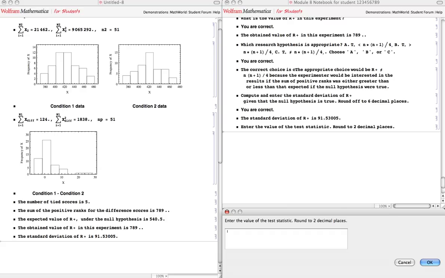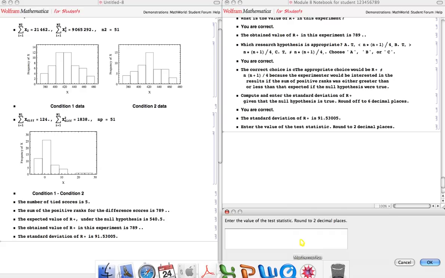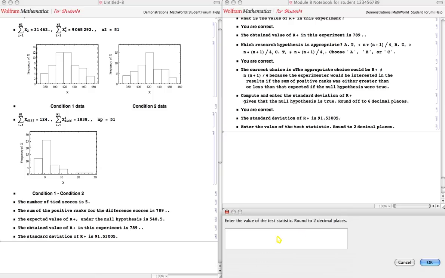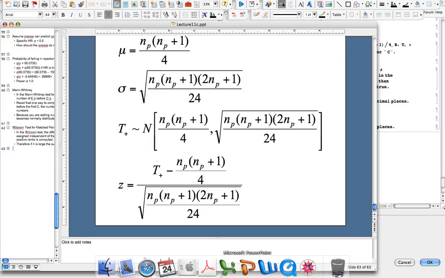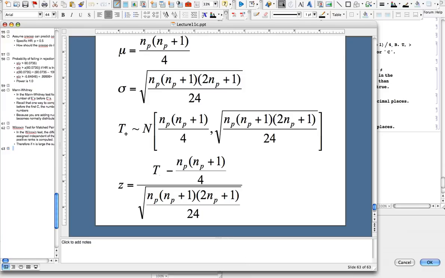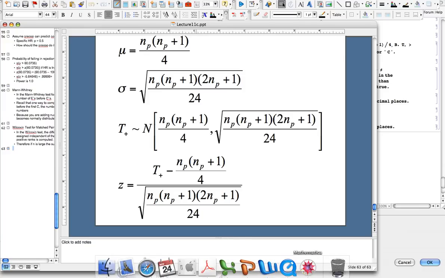Enter the value of the test statistic. The test statistic is going to be the z-score that you're computing using this equation: sum of positive ranks minus the expected value, divided by the value you just computed.